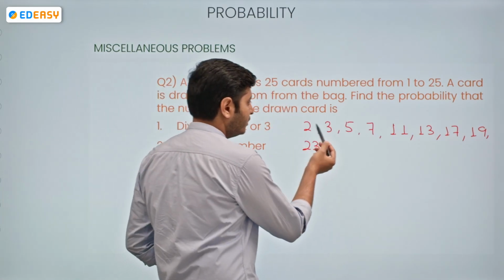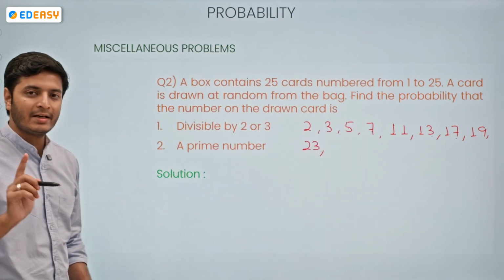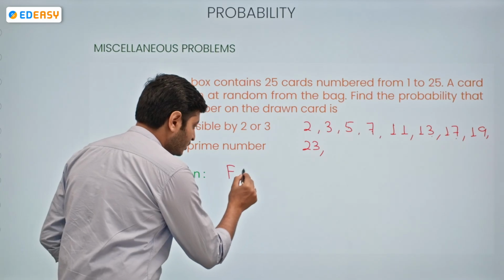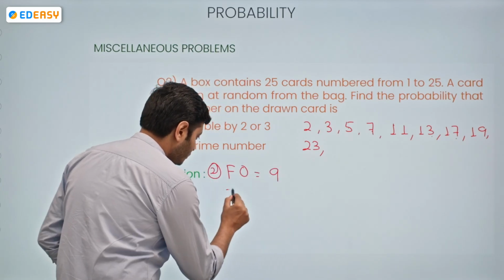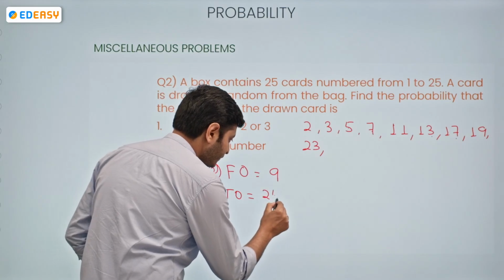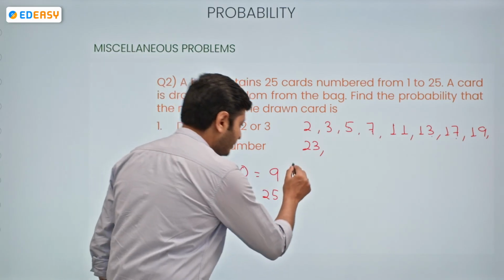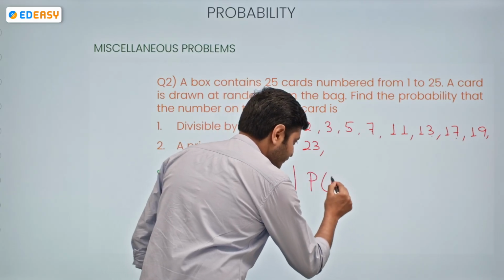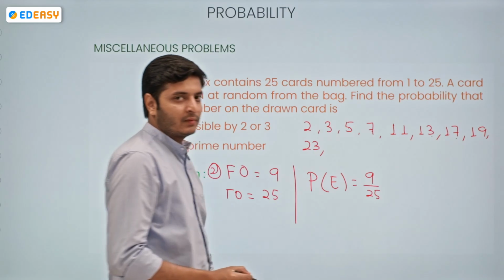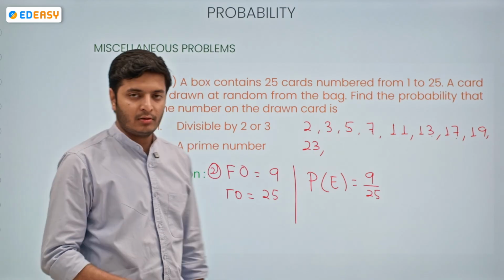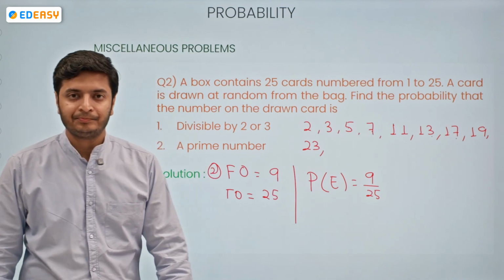Let's count them. 1, 2, 3, 4, 5, 6, 7, 8, 9. So there are 9 such numbers. So favorable outcomes for the second part is 9. Total outcomes is 25. Now the probability of getting a prime number, P of E, is 9 by 25. Is there any common factor? No, there is not. So this is how you can find the probability of getting a prime number.